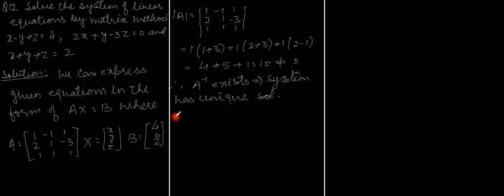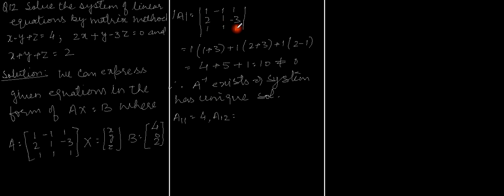Then we find adjoint A, and before finding the adjoint A we should have all the cofactors. So I am finding the cofactors one by one. A11. What does A11 mean? Hide the first row and first column. So hiding first row and first column, we have 1 plus 3, that is 4. A12, hide the first row and second column.